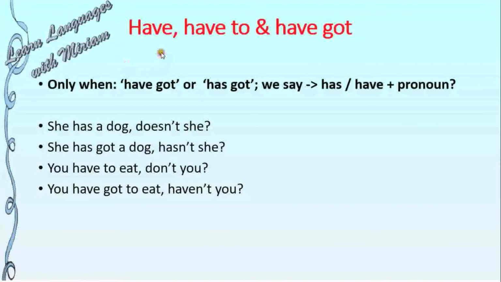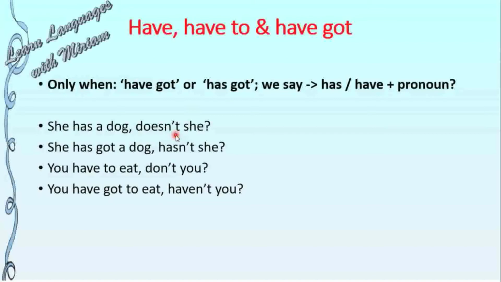Here you have some tips for forming the question tags. When we have have got or has got, we say has or have plus the pronoun in the question tag. Be careful. For example, she has a dog, doesn't she? Here we don't have got, so we have to use the auxiliary verb does.